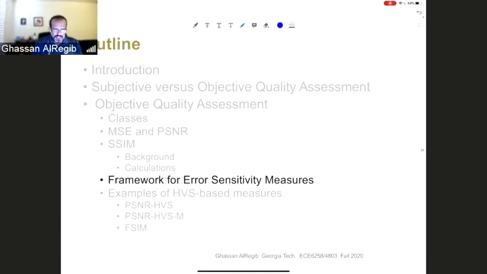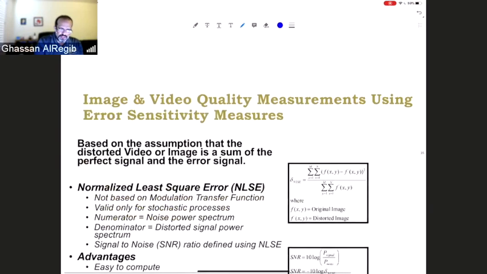So now what's next? In the rest of this lecture and the rest of this whole topic, image quality assessment in this course, we will look at some of the features that we understand in the human vision system, and how we can borrow these into designing such error sensitivity measures to measure the quality in images.